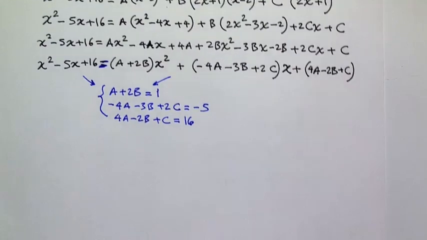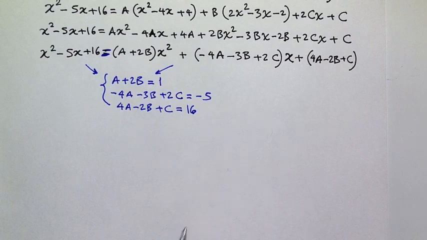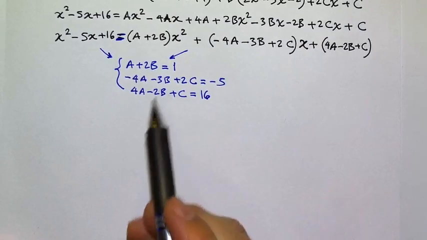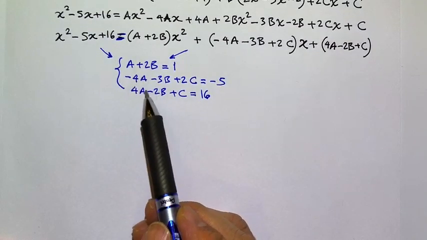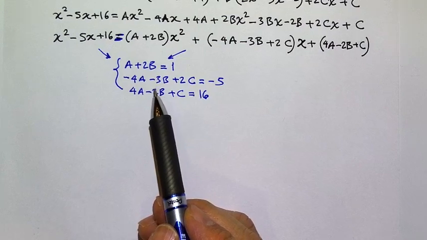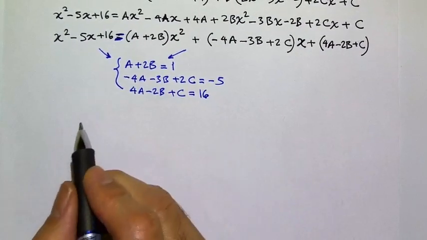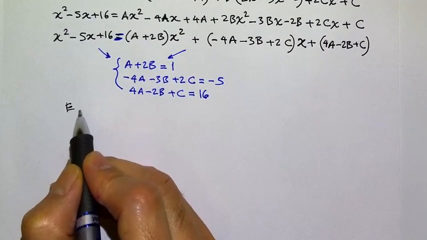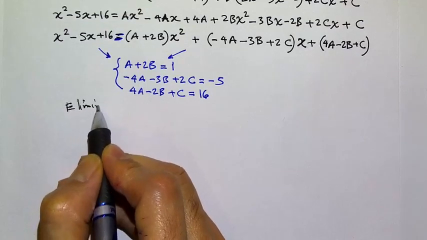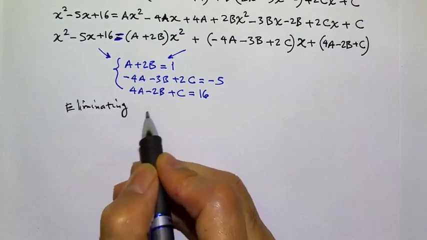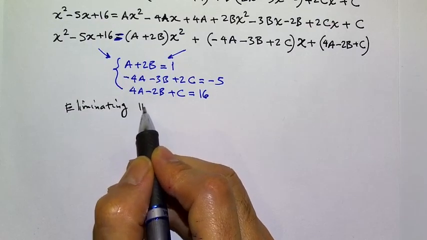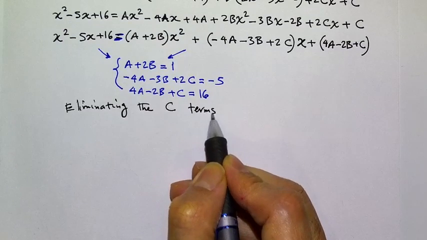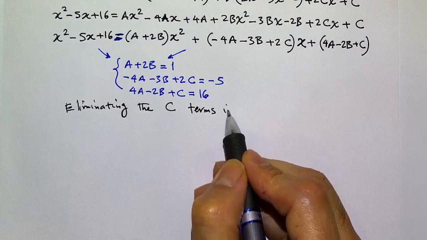Okay. So I'm just going to do this very quickly here so we don't take so much space, because solving these systems using the elimination method is something we've covered in previous classes. So I'm just going to briefly recap what we do: eliminating the c terms in the last two equations.